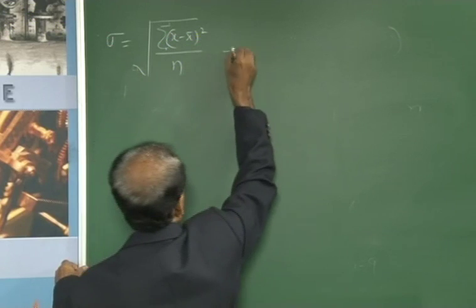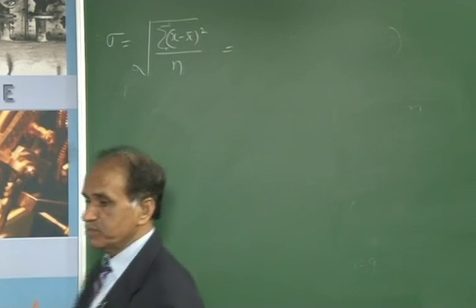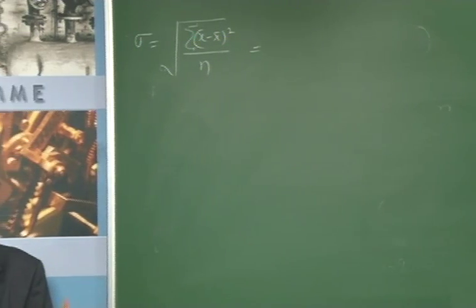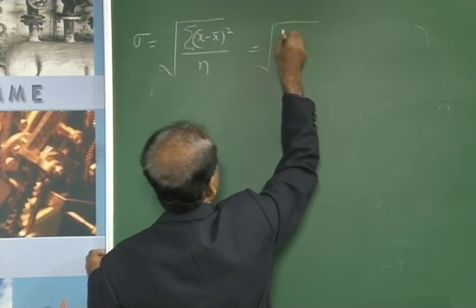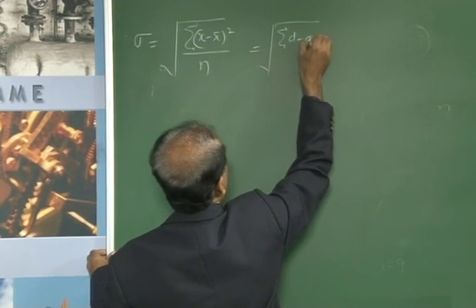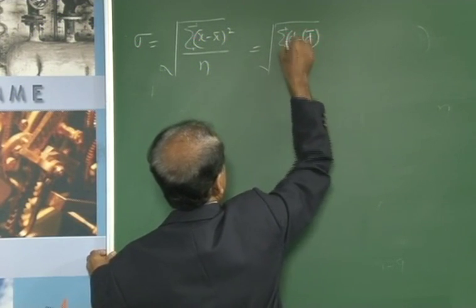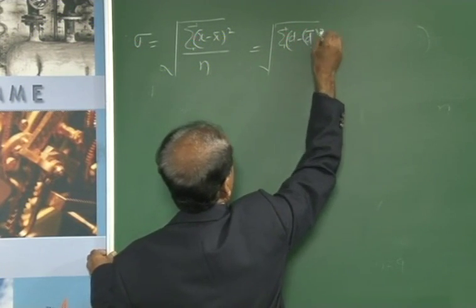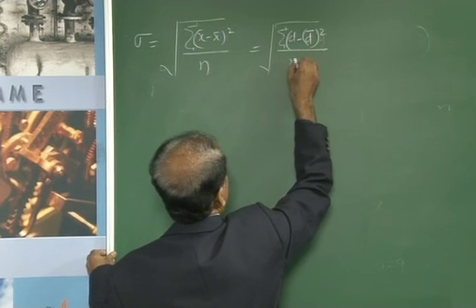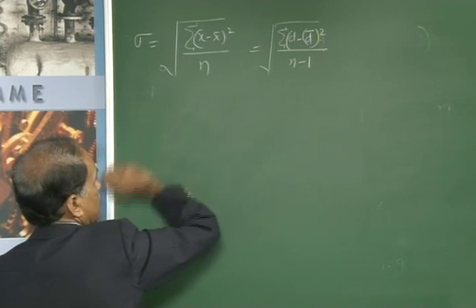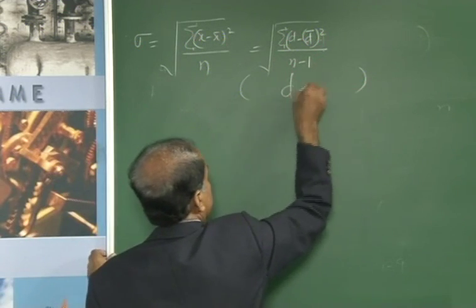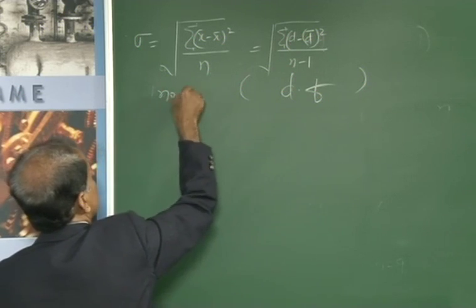Here, because there are two series of observations in the data, you have to make it a single series, so in place of x I take d. Therefore it is sigma d minus d bar whole square divided by the degrees of freedom; for the ordinary calculation it is not in terms of df.